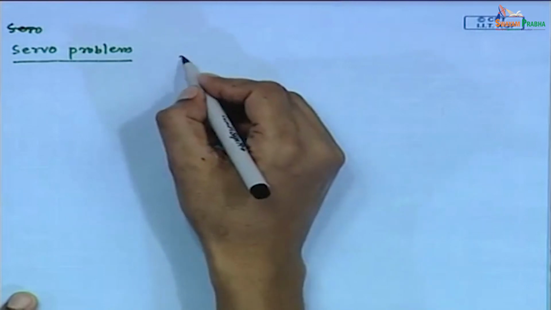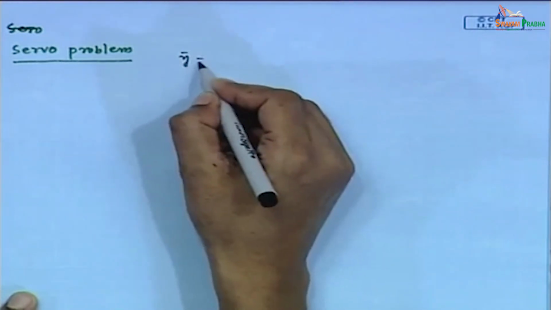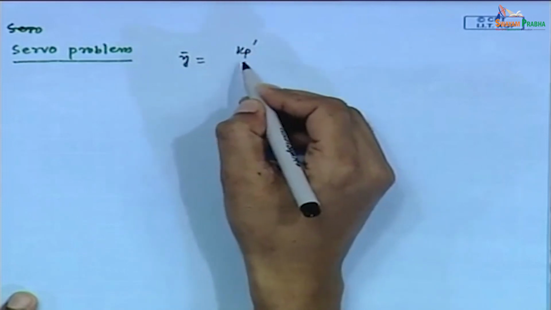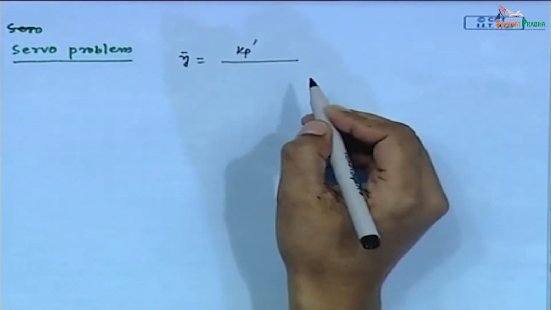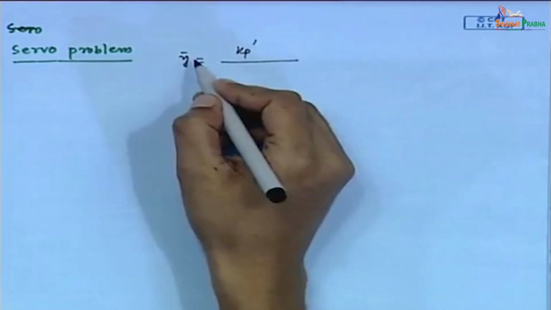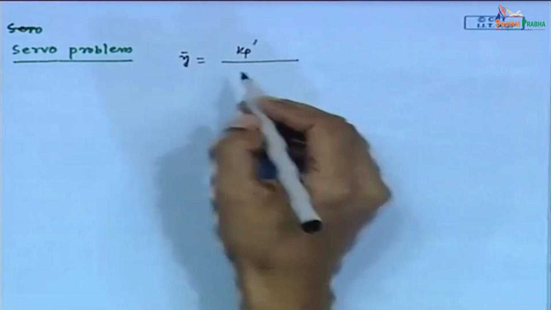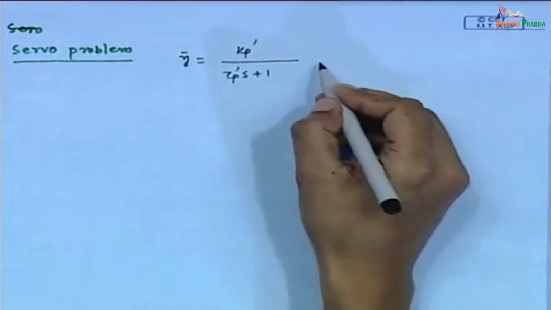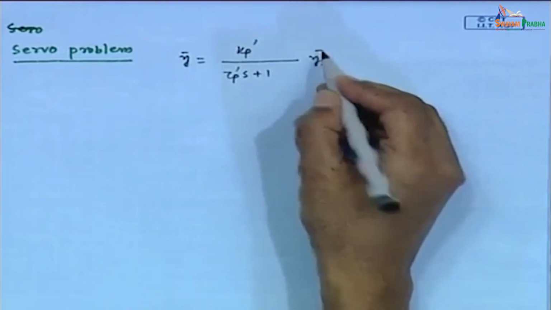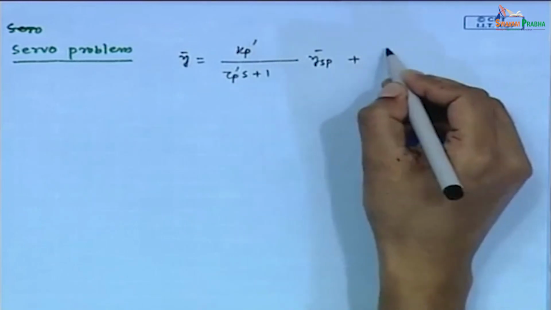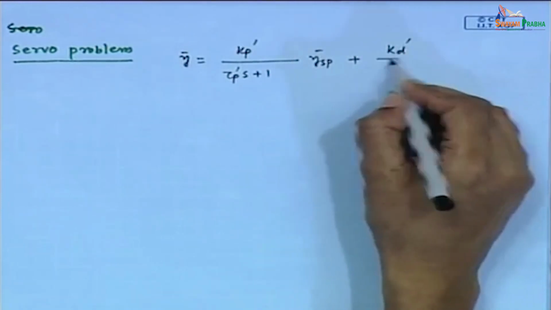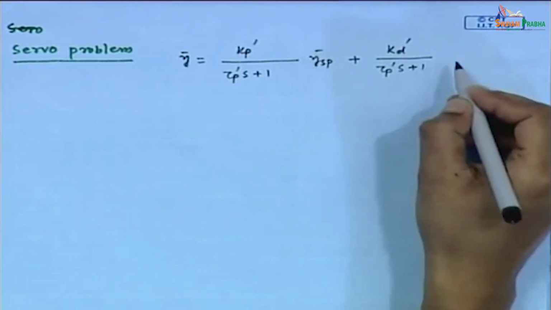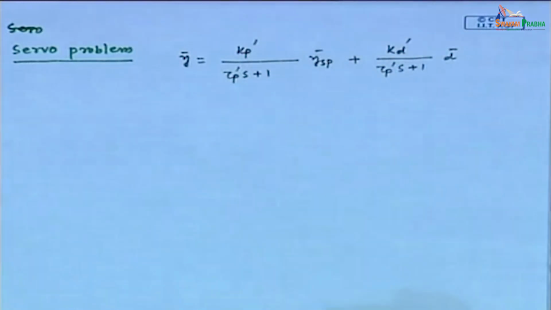Our closed loop transfer function is represented as y bar equals K p prime divided by tau p prime s plus 1 y set point bar plus K d prime divided by tau p prime s plus 1 d bar.